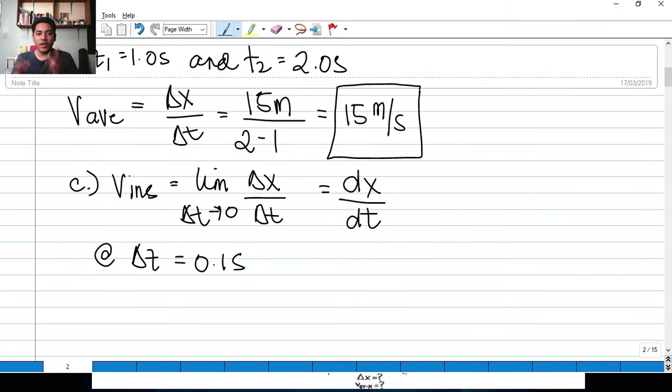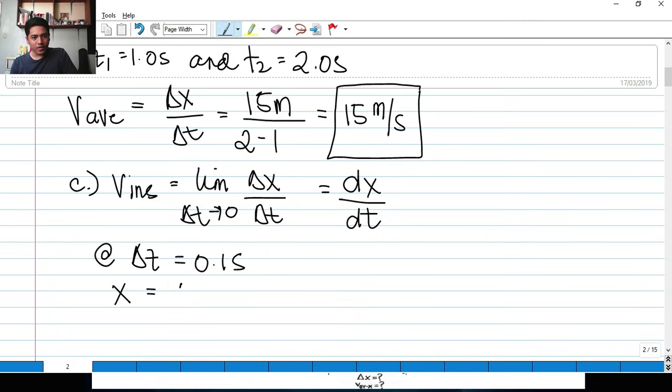In other words, if you let delta t approach 0, what is the velocity of that cheetah at this very point in time? As delta t approaches 0, we shall get a much more accurate answer. So we need to get the x for the delta t of 0.1 second.